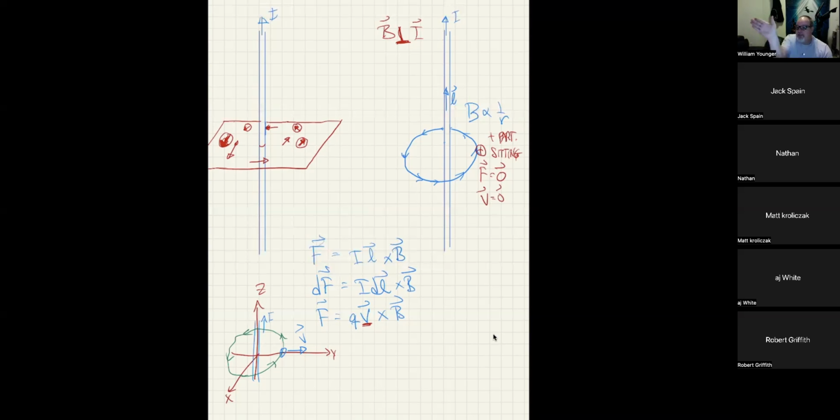So I've got to put my pinky rod to the right on the page, and my palm pointing towards the page so that my fingers can curl towards it. And what I'll see is a force on the charged particle going up. So in this case, F is actually up. It's in the positive Z direction.